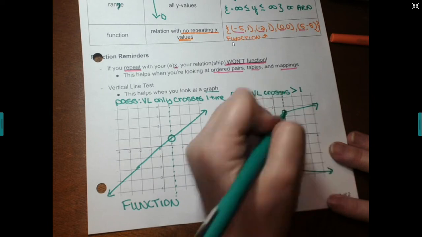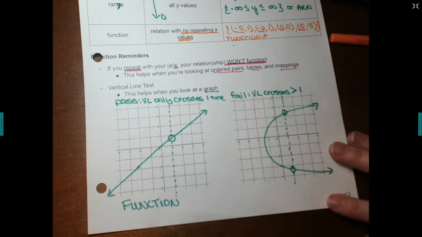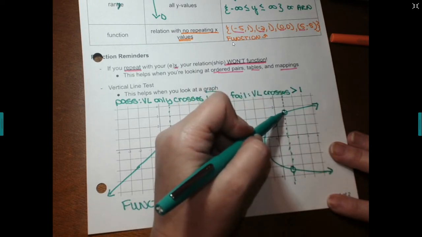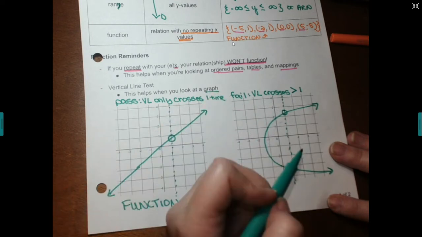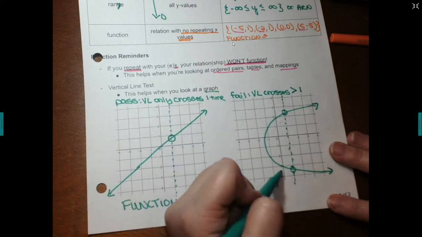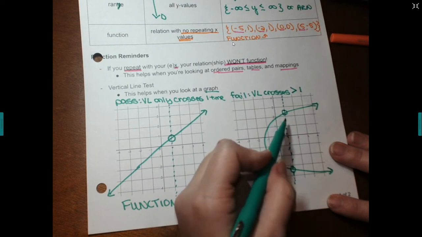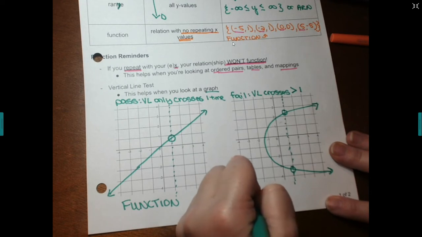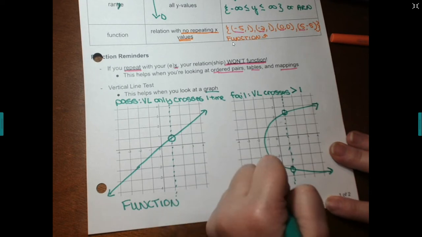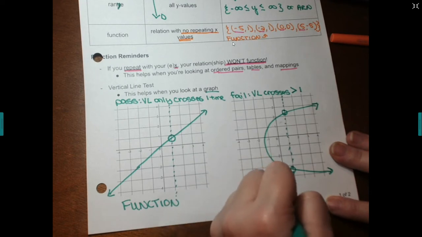Okay? In fact, it crosses twice. So this point right here, it doesn't really matter what the y is because I know that my x is 1. And this point right here, I also have an x of 1. So I have repeating x's, and we know that that will not function. So that is not a function.